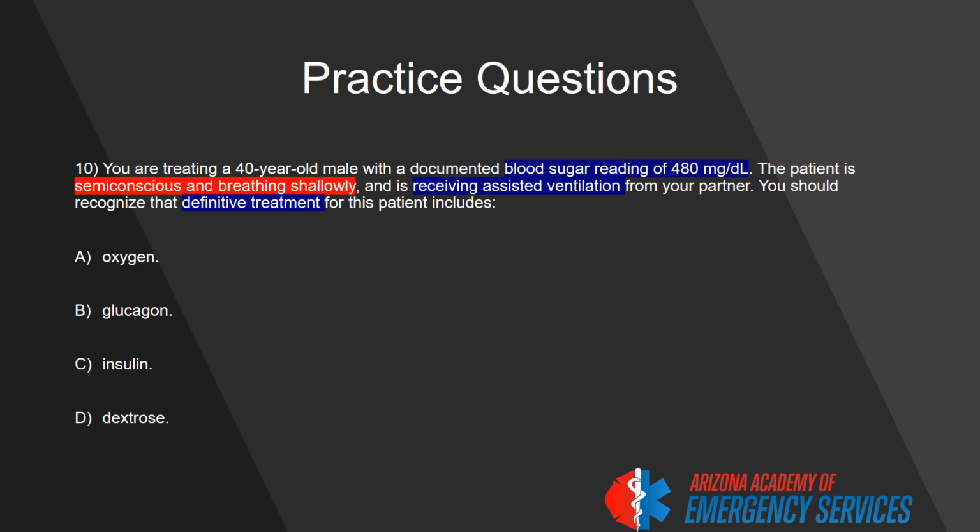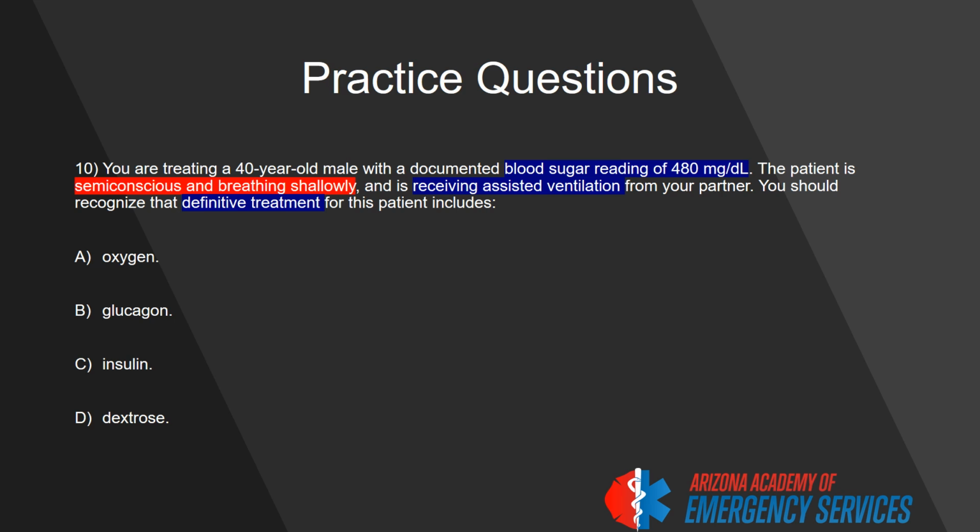So this is an example of a quote-unquote, what are you going to do for this patient? But you should remember that putting all the information together might not necessarily be the answer that we think it's going to warrant from us.